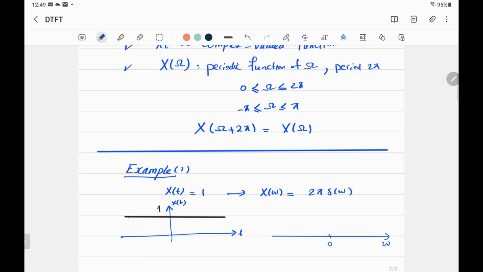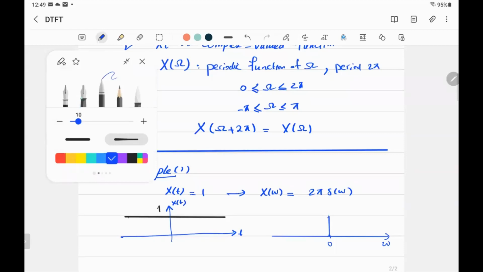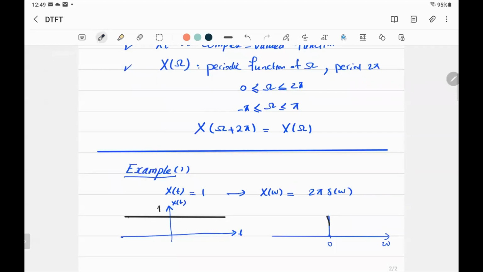So you come to omega equals 0, make a short straight line, and make an arrow like that. That means the amplitude is infinity, but you write it equal to delta multiplied by 2 pi. That's the spectrum. So when you have a fixed value equal to 1, the spectrum is equal to 2 pi delta.